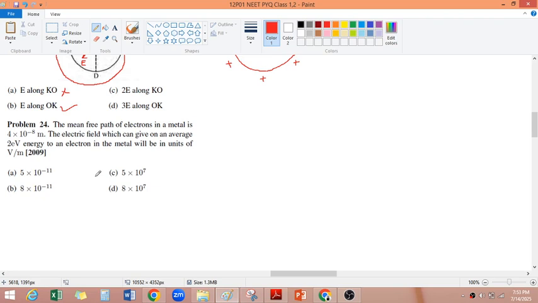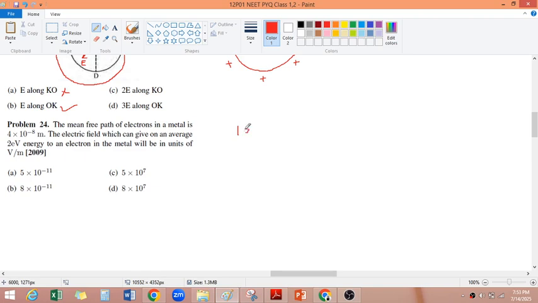Electric field which can give on an average 2 electron volt energy to an electron in the metal will be in the units of volt per meter. So, any idea how to do this? Electric field which can give an average 2 electron volt energy to an electron.